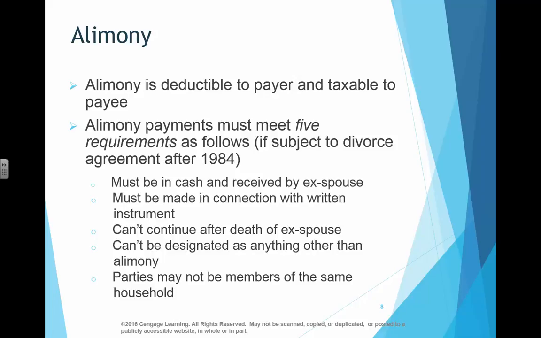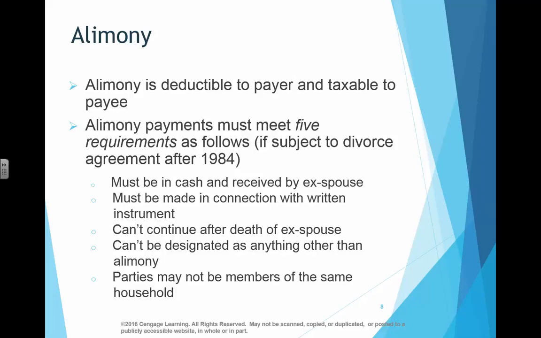I think 31A. Yes. And what do I have to put in? The social security number of the person I'm paying alimony to, and guess what? The IRS is going to make sure that he or she shows it on line 11, because if I'm paying you $2,000 a month as my ex-husband, that 24 grand better show up on your tax return.